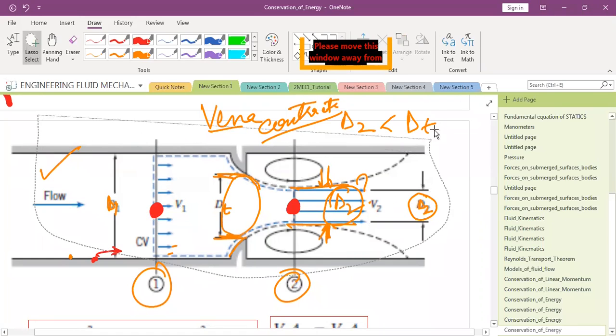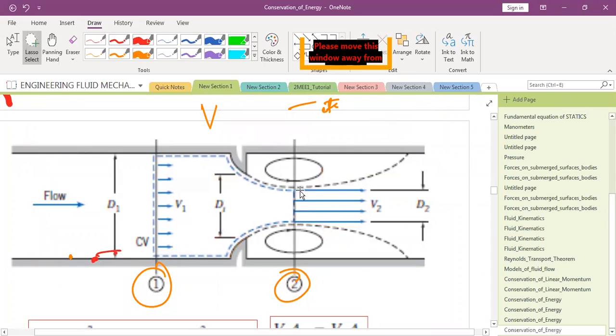Can you suggest what is the reason for this kind of phenomenon? The streamline is just following this pattern, nothing more than that. It is actually keeping up with Newton's second law.